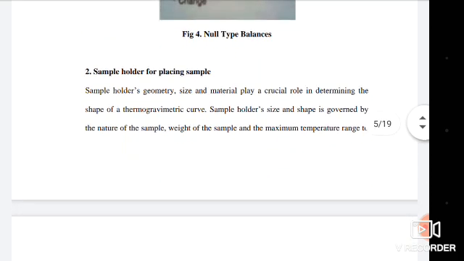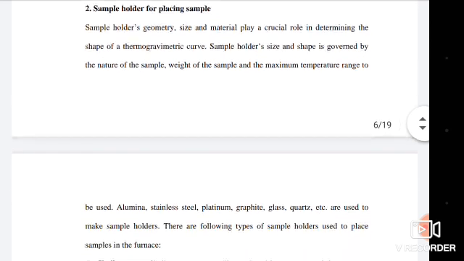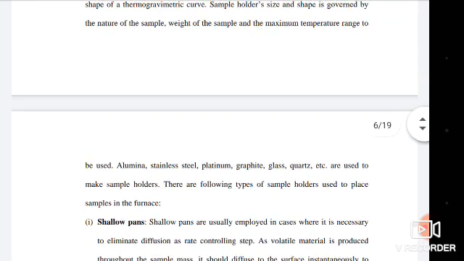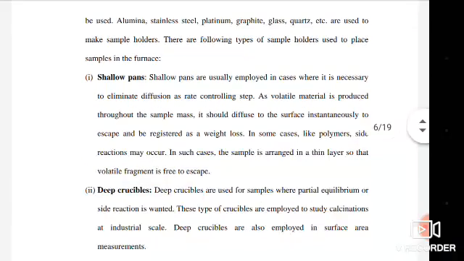The sample holder is an important part of the thermobalance instrumentation, because its geometry, size and material play a crucial role in determining the shape of the gravimetric curves. The size and shape of the sample holder are governed by the nature of the sample, the weight, and the maximum temperature.